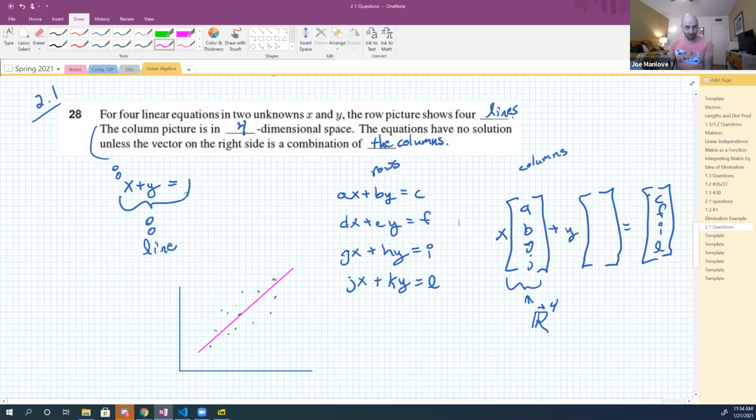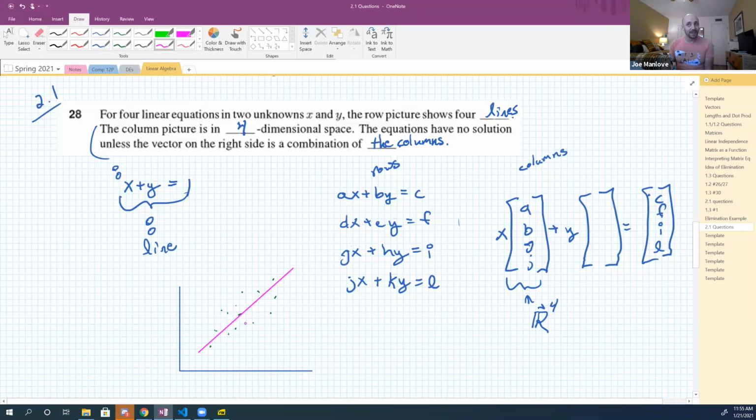But the question is like, how does the computer figure out the best fit line? And actually, what it kind of does is it sort of looks at data a little bit like this, and these points don't lie on a line.